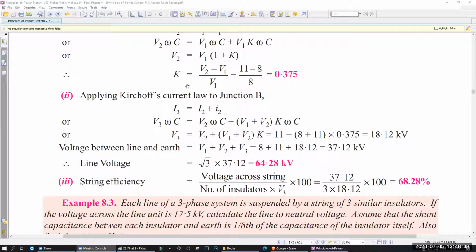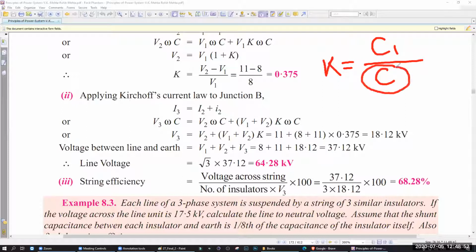So how does the value of K vary? What is K actually? K is actually the ratio of C1 and C, right? Now the value of C is constant for a string. Now it should be smaller, right?